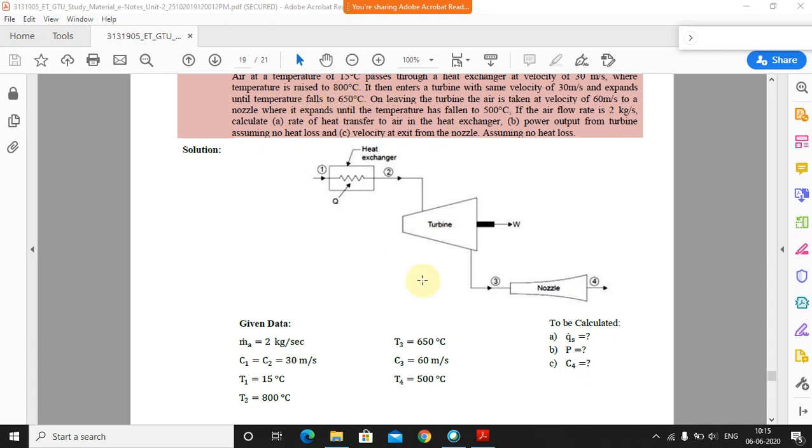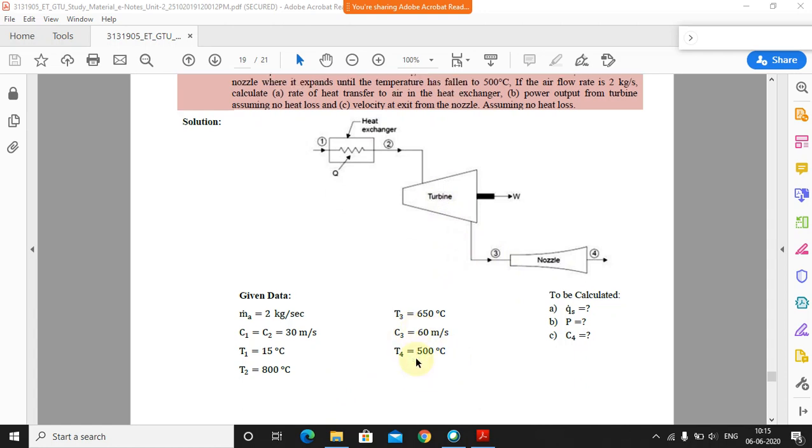So that is T3, it is given as 650 degrees centigrade, and it leaves the nozzle at 500 degrees Celsius. So that is T4, given as 500 degrees Celsius, and C3 is given, so that is the velocity of the steam leaving the turbine, given as 60 meters per second.